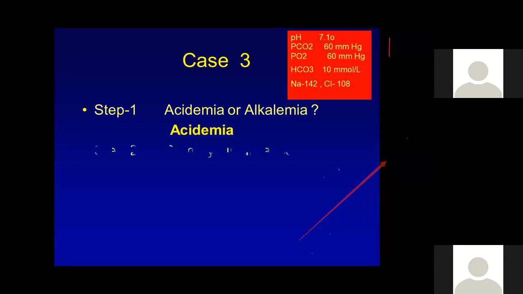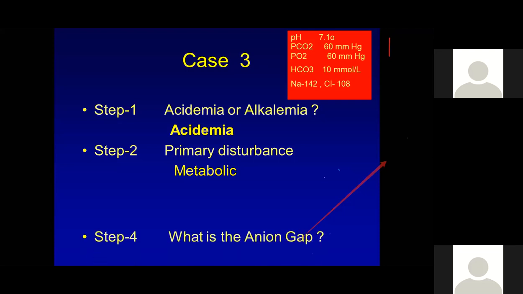Acidosis, very good. Respiratory or metabolic? The primary disturbance is both metabolic as well as respiratory, because it is a mixed disorder. Very good. Both respiratory and metabolic are involved.